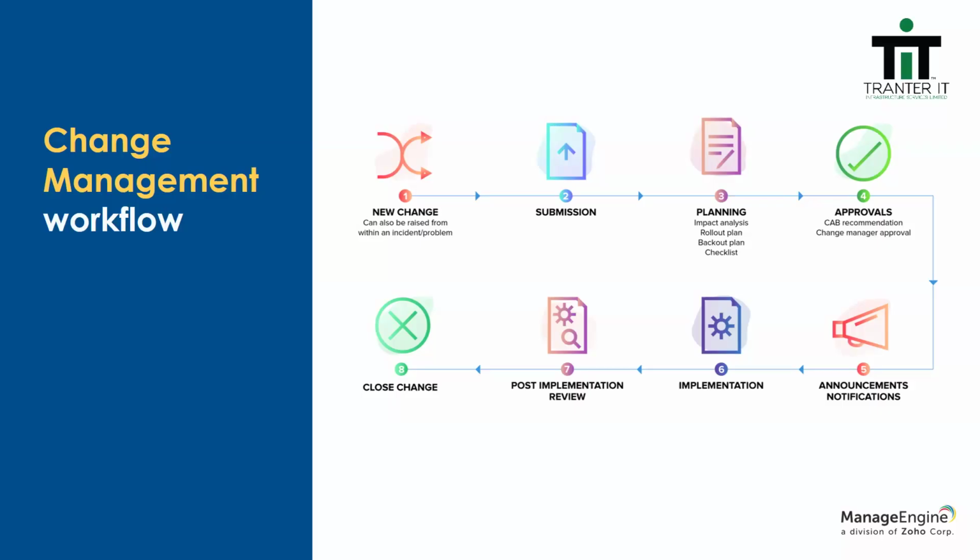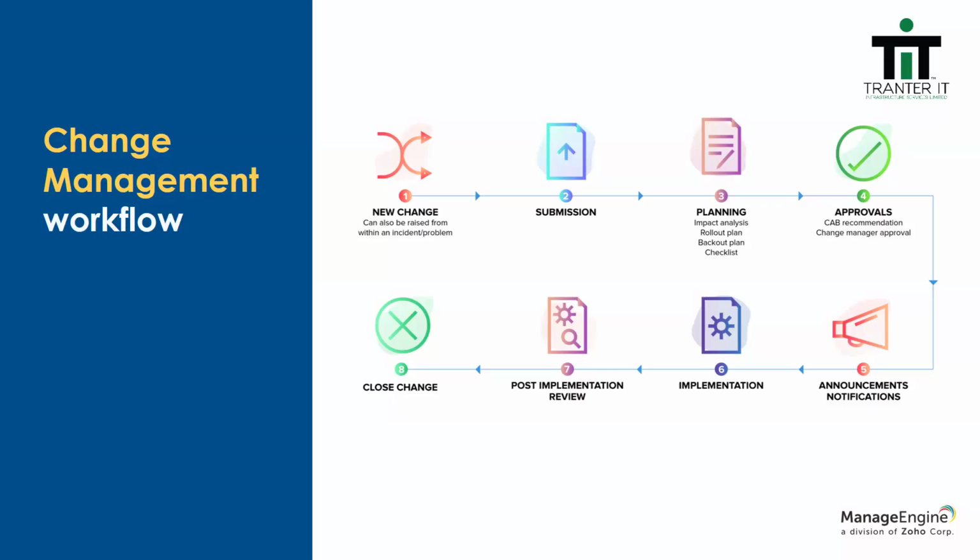So we can raise a new change, and we have the submission, the planning that has to do with the impact analysis, the rollout plan, the backup plan, and the checklist. The checklist talks to actions that are to be in place before we move on to approvals, and to see where these changes are being effective. Then we have the approvals, where we have our change manager approvals, and our CAB, our change advisory board.